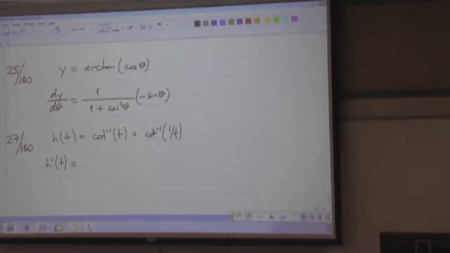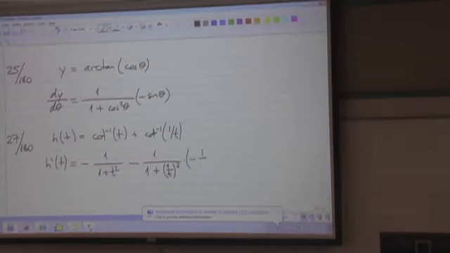So minus 1 over 1 plus t squared minus 1 over 1 over t quantity squared times negative 1 over t squared.